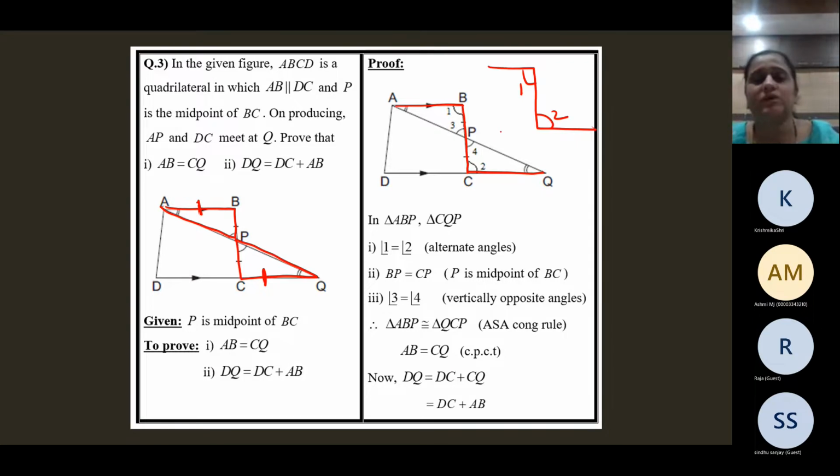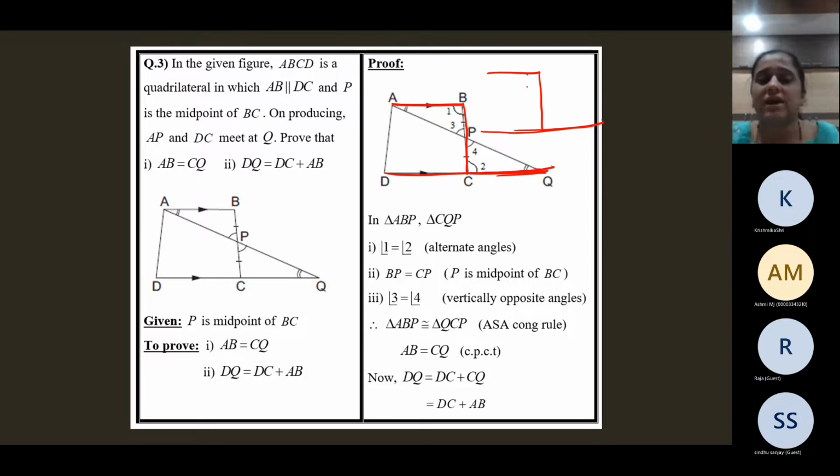This line is also parallel because it's DC produced. So parallel line, transversal: this angle and this angle are alternate interior angles, and they are equal.